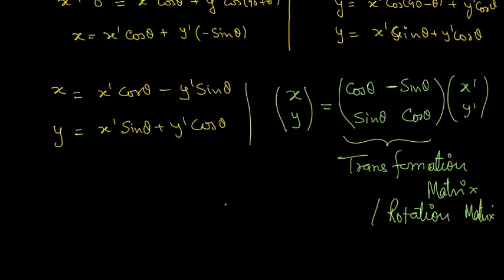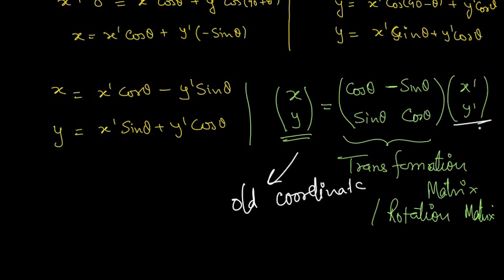Okay, so these were the old coordinates, and this is the new one. So these are new coordinates. Your old coordinates and new coordinates are related by a rotation matrix.